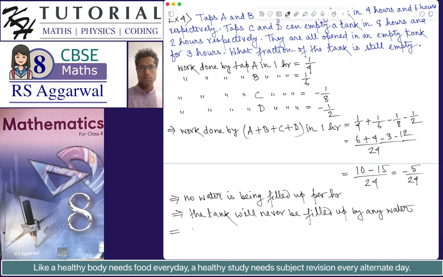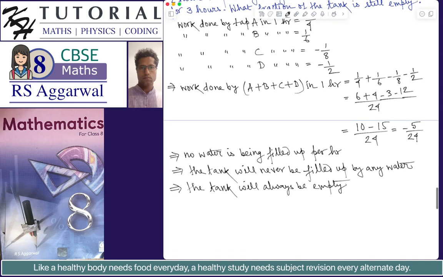So this implies the tank will always be empty. This implies that after 3 hours, the fraction of the tank still empty is obviously 1.